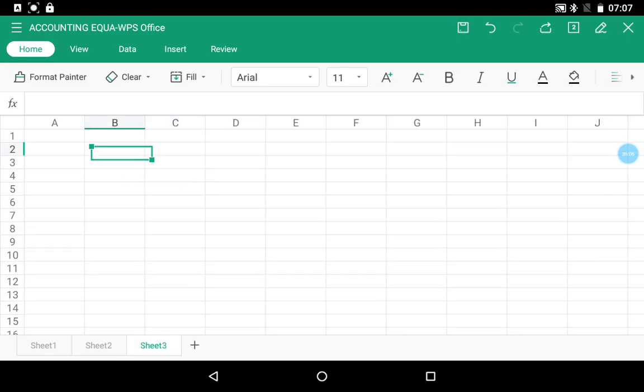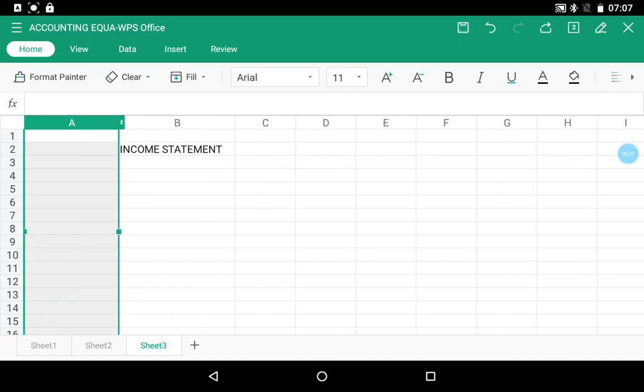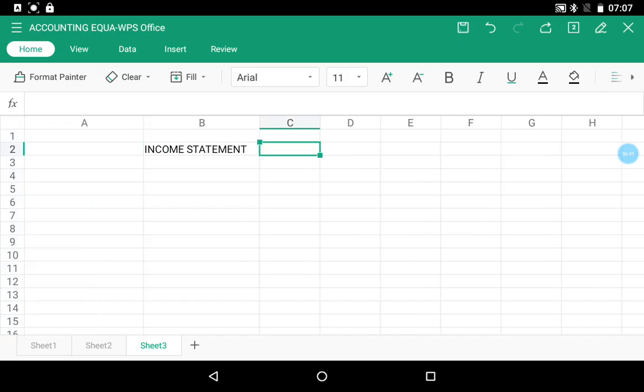Here we are going to have income statements, then here we are going to have financial position.